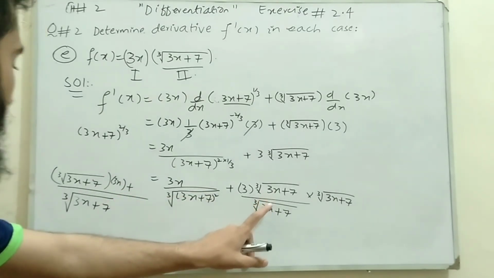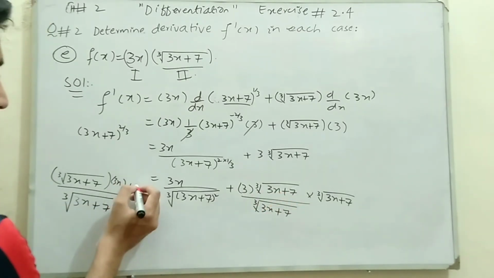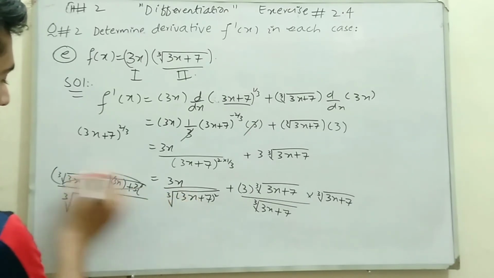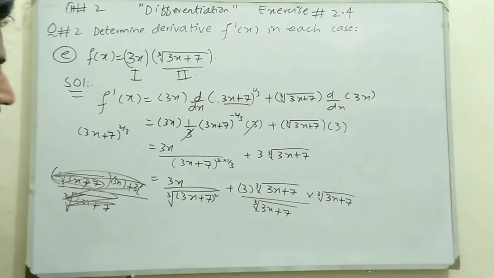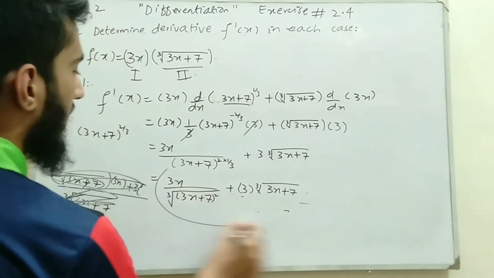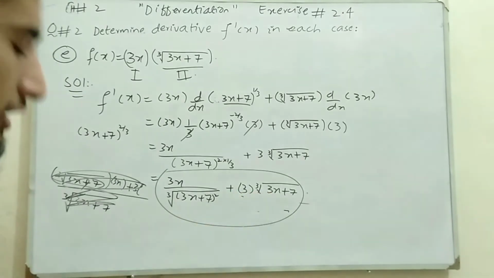So here we are left with 3 multiply cube root of 3x plus 7 square. So we can simplify it further, but it becomes very difficult. So here the required result is just this 3x divided by cube root of 3x plus 7 whole square plus 3 times of 3x plus 7 cube root.